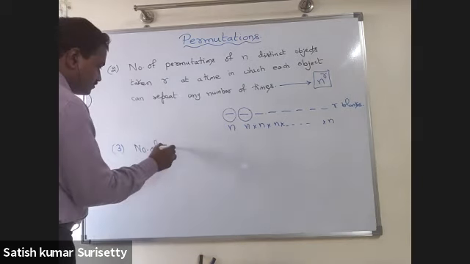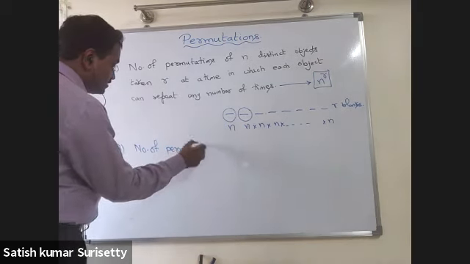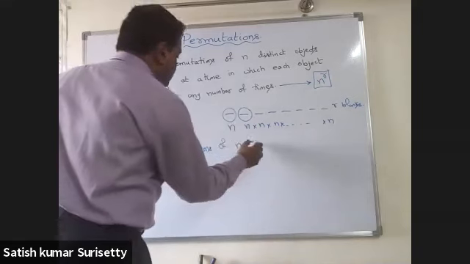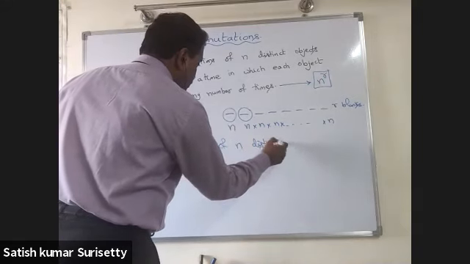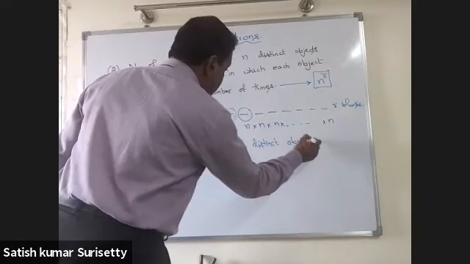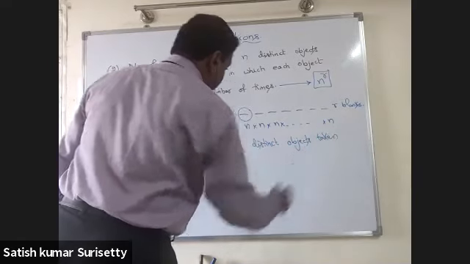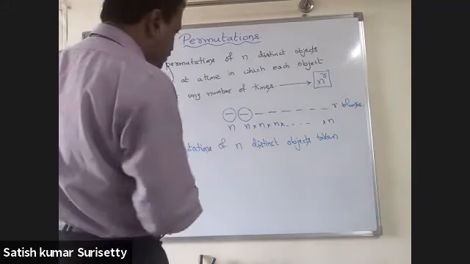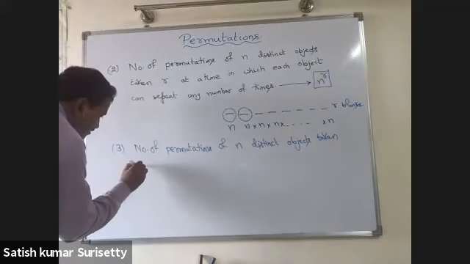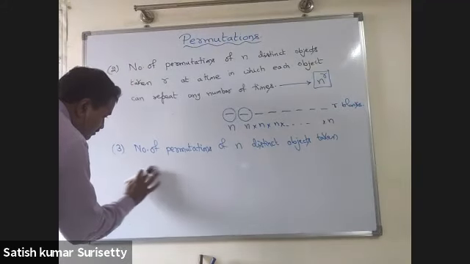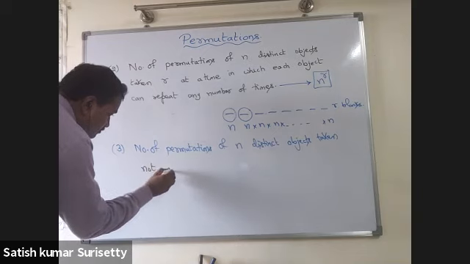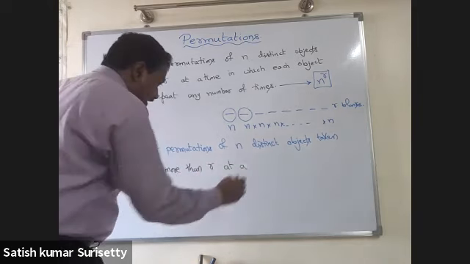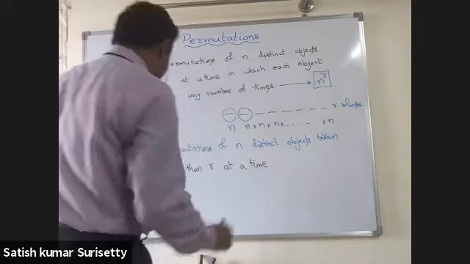Number of permutations of n distinct objects taken not more than r at a time.